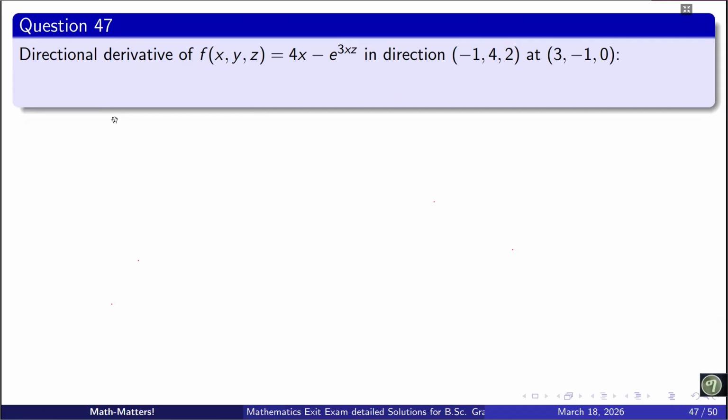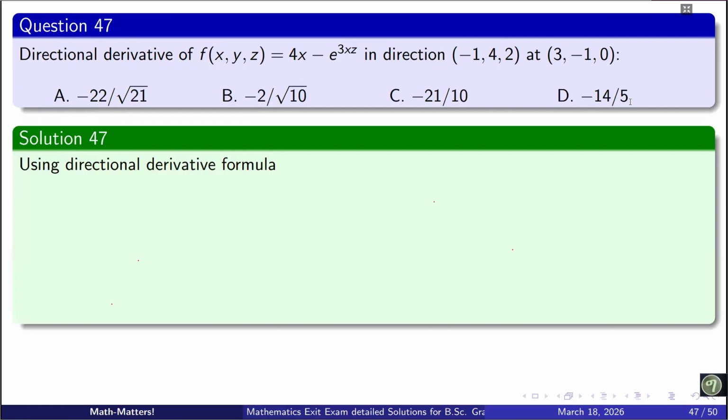And next, the directional derivative of f of x, y, z equals 4x minus 3e to the power of 3xz in the direction of (minus 1, 4, 2) at the point (3, minus 1, 0). These are the alternatives.